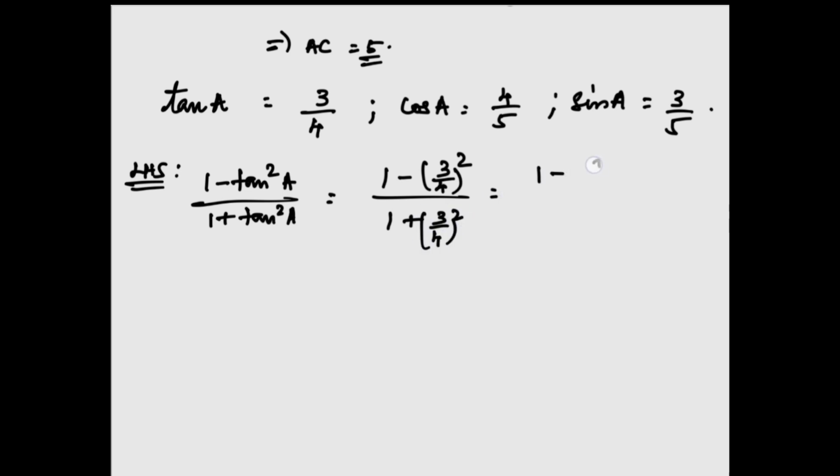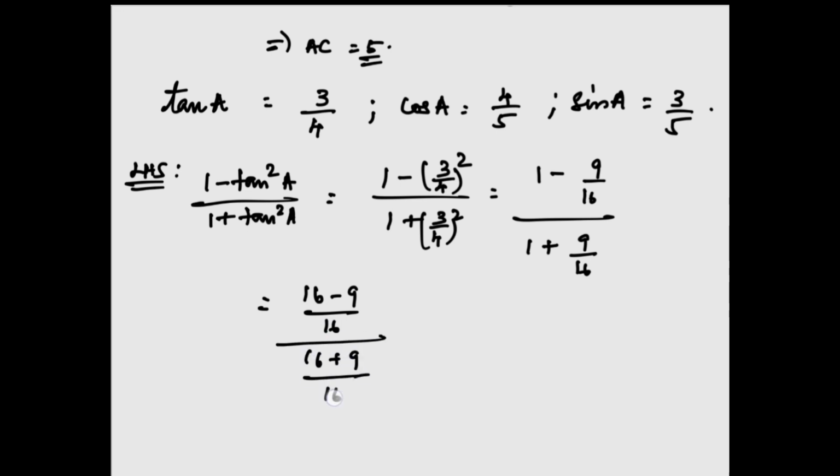We get 1 minus 9 by 16 divided by 1 plus 9 by 16. Taking denominators common, (16 minus 9) by 16, the whole divided by (16 plus 9) by 16. 16 minus 9 is 7. 7 by 16 divided by 16 plus 9 is 25 by 16. Cancelling out the 16, we get 7 by 25.